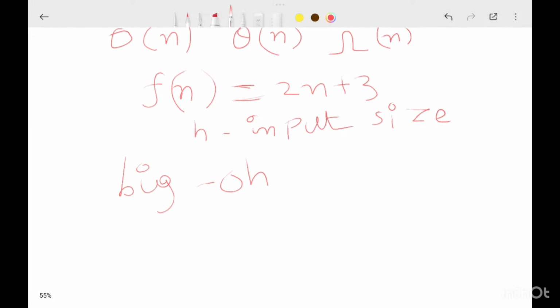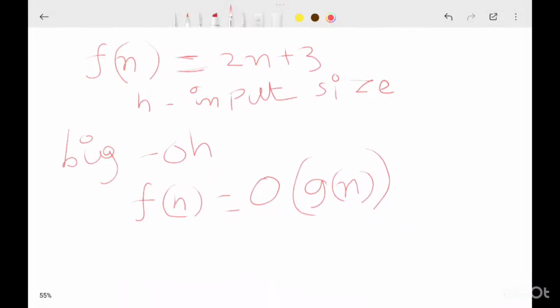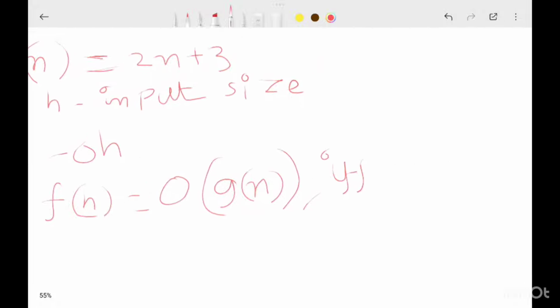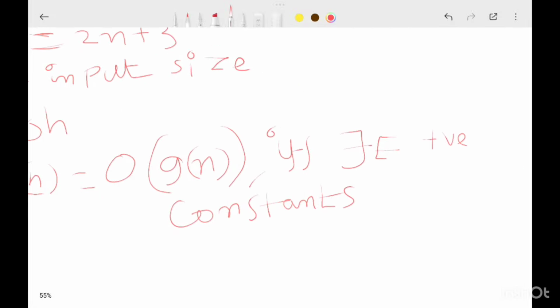The big O notation for a function f of n can be represented as big O of g of n if and only if there exist positive constants c and n0.